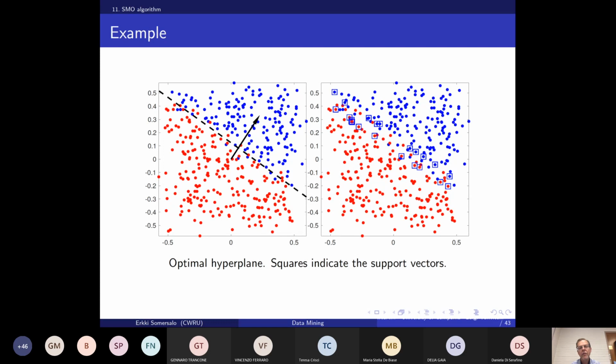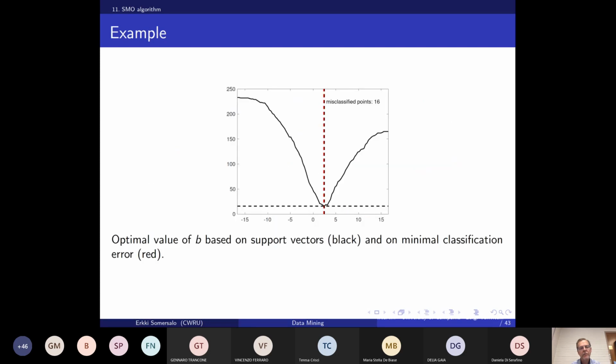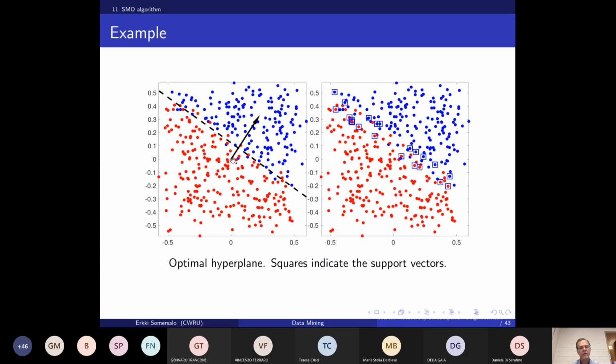When I do that, I find that the number of misclassified points is 16. Here is a curve where, once you have this vector Q, I took a line perpendicular to this Q vector and moved this line around, counting how many points of my training set would be misclassified.